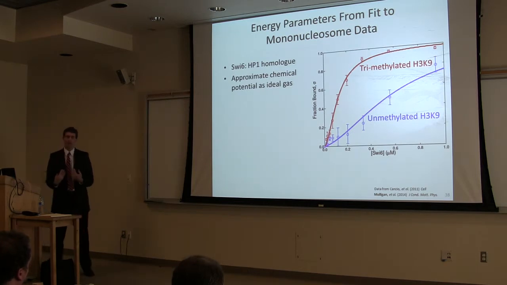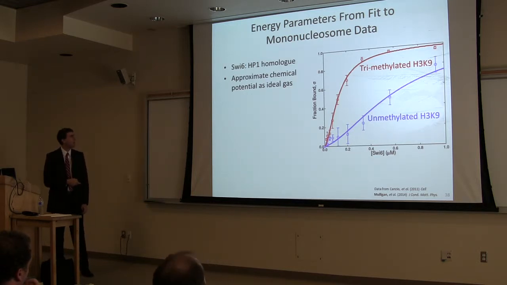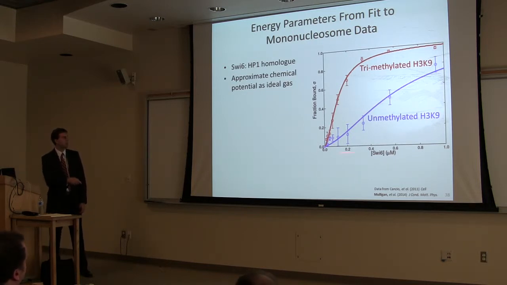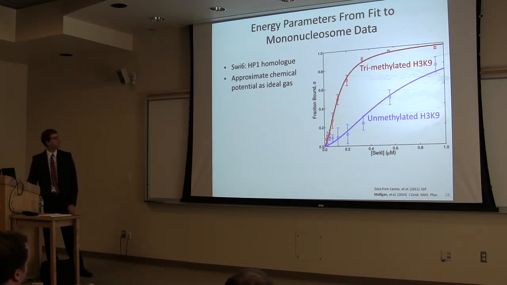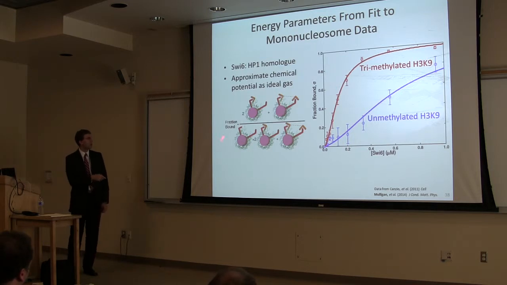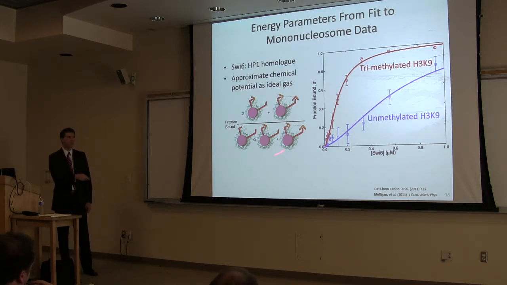Before we can get a sense of the results, we need to get a sense of what our energetic parameters ought to be. And so if we look in the literature, there have been experiments done in this Canzio et al. paper, in which they looked at HP1 binding to mononucleosomes. And that's the fraction bound versus the concentration of Swi6, which is just a similar protein in yeast. And so we can model the data by looking at the fraction bound as the different states that a single nucleosome can take that have HP1 bound, over all possible states that it could be in.